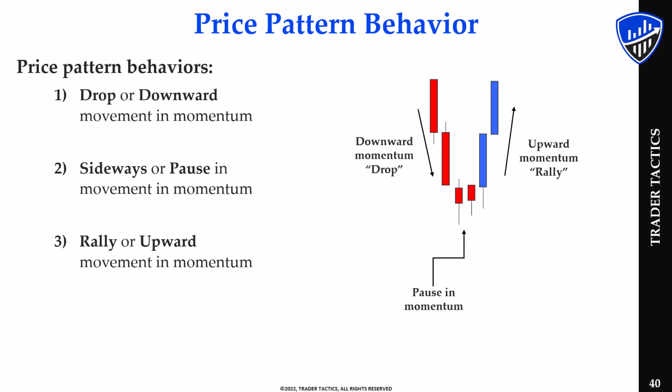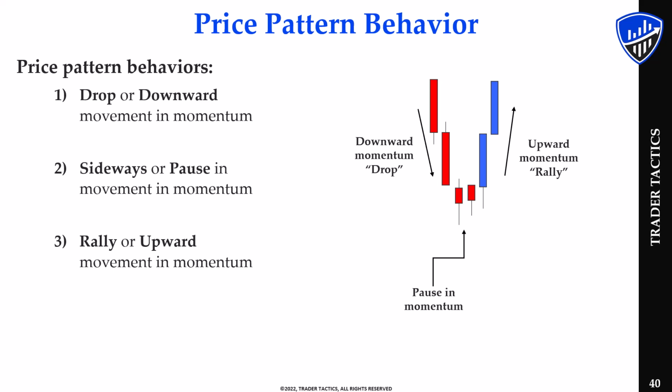Okay, so we have a drop in price, then some form of a pause in momentum. Now it could be one candle. You could see several candles there. Usually they're narrow range candles for the most part. Sometimes they're not. They're just bigger ranges, but very wicky. You've got a wick on the top, a wick on the bottom, and a lot of indecisiveness. That's fine.